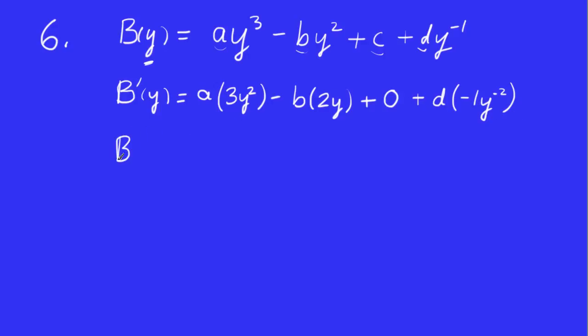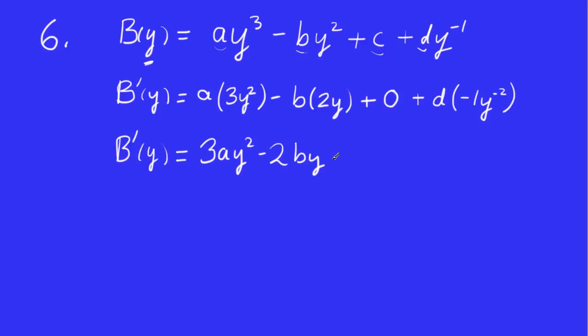So just be aware that you may have some questions where there's letters in there that are different from the letter that's the independent variable. And when that happens, those letters should just be treated as numbers, okay? They're unspecified numbers, but they are just numbers. Why don't we just clean this up a little bit, get rid of the unnecessary brackets.